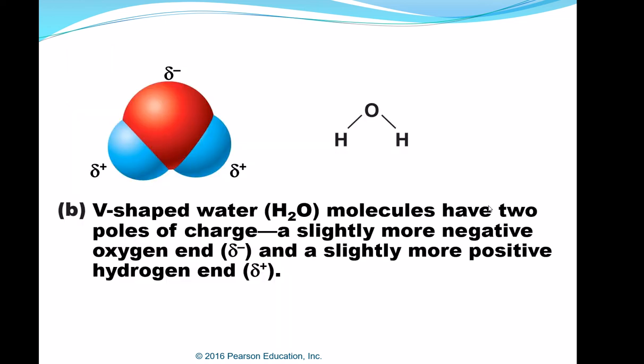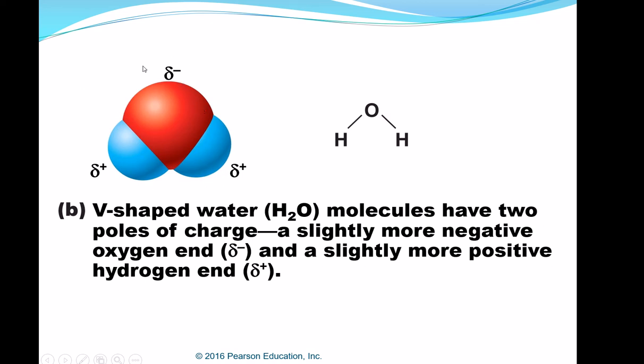Let's look at what that looks like. Unlike the nonpolar covalent molecules, polar molecules tend to have this kind of V shape. They're not balanced anymore like carbon dioxide was. Oxygen is much more electronegative than the two hydrogens here.